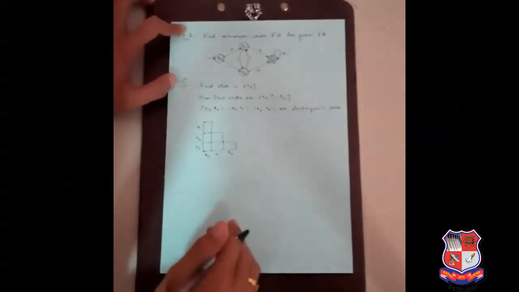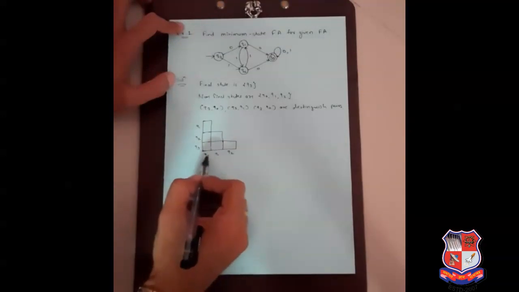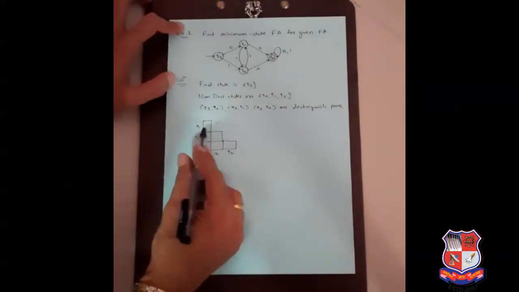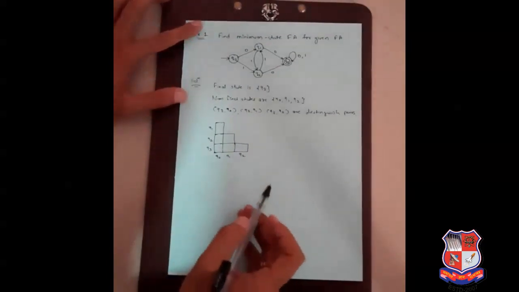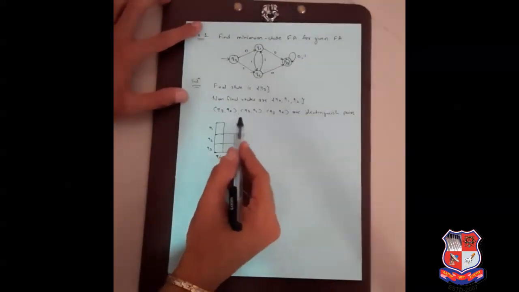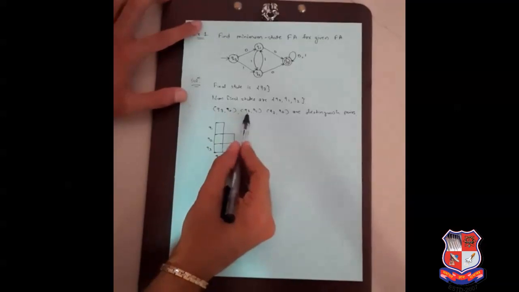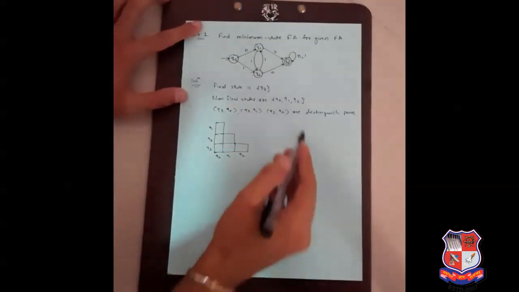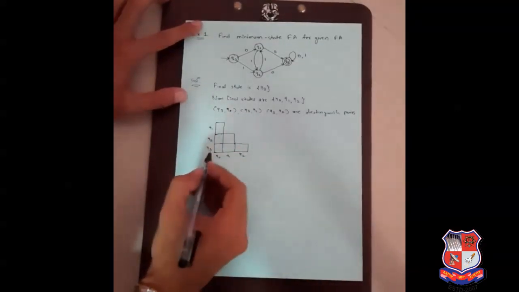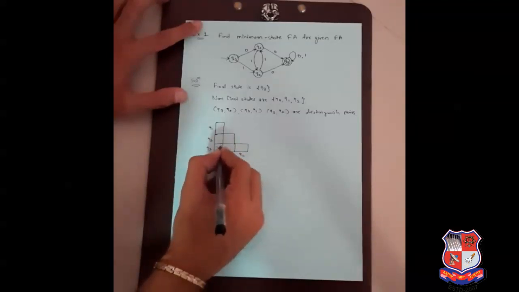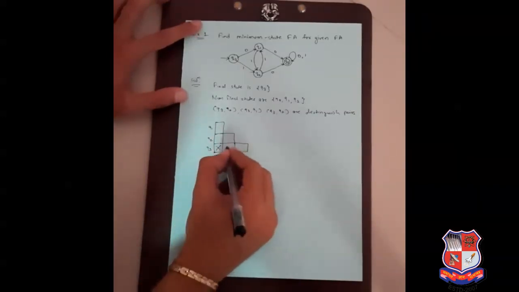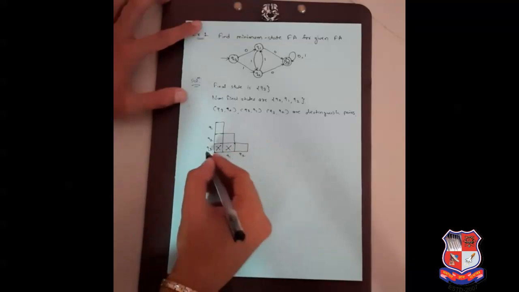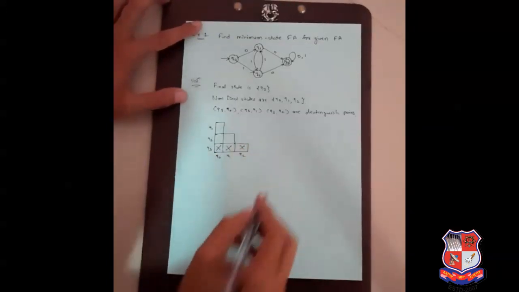In this way we will cover all the pairs like Q0, Q3, Q0, Q2, Q0, Q1. All the pairs will be covered in this way. Now we are going to mark these distinguished pairs Q3, Q0, Q3, Q1 and Q3, Q2. These are already distinguished pairs, so we mark Q3, Q0, Q3, Q1 and Q3, Q2.